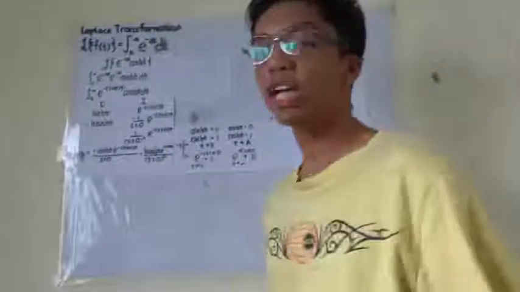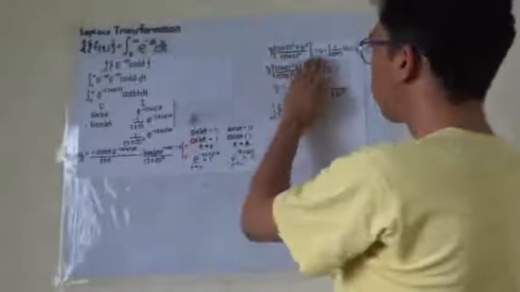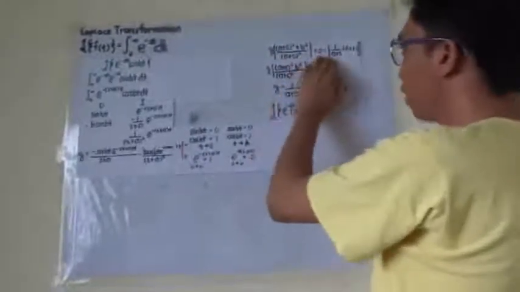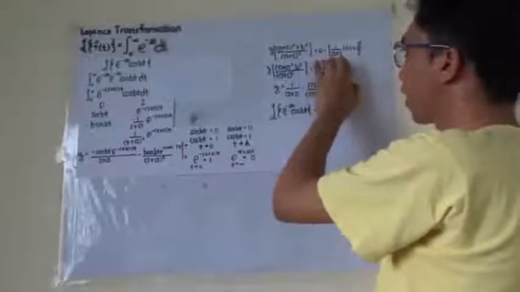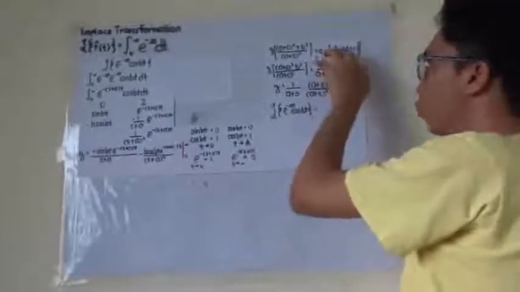And evaluating our improper integral with our limits, we have 0 minus quantity 1 over a plus s times quantity negative 1 plus 0.